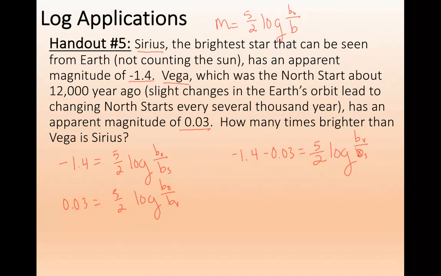So I can go ahead and actually do this subtraction, right? That will give me negative 0.572 equals log of Vega over Sirius.